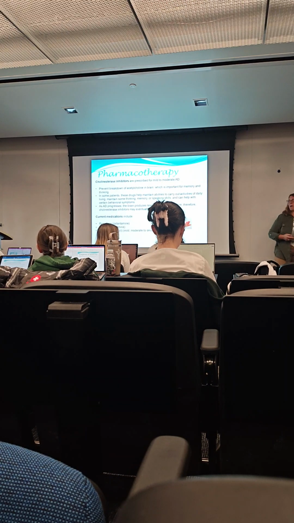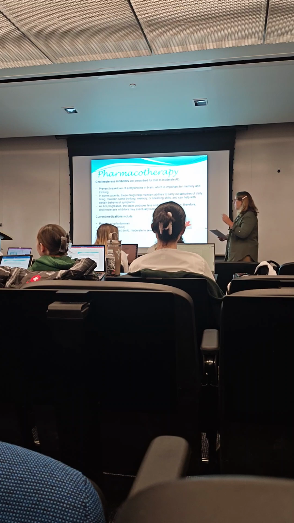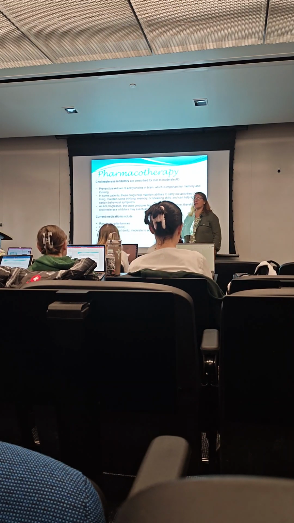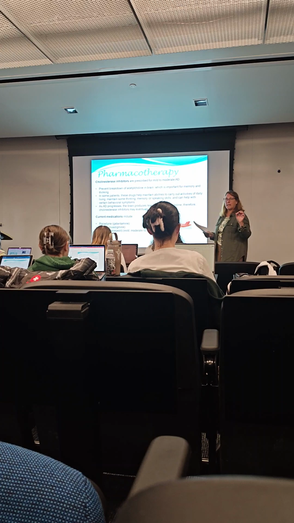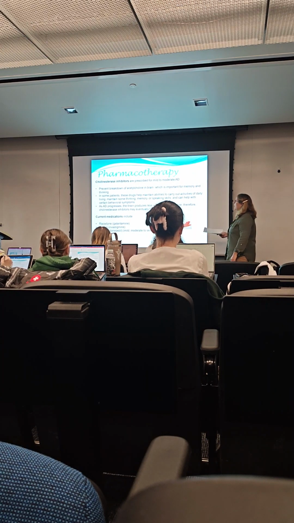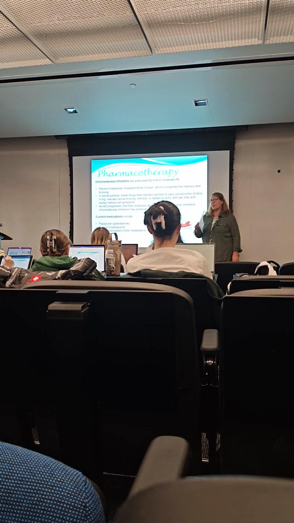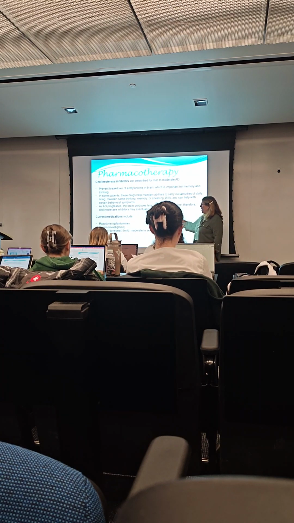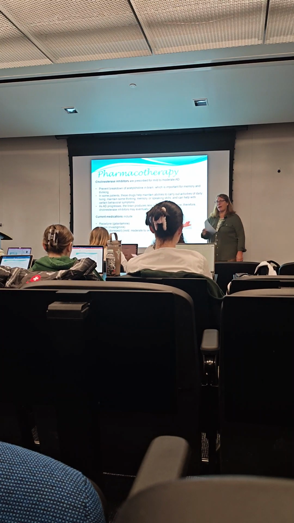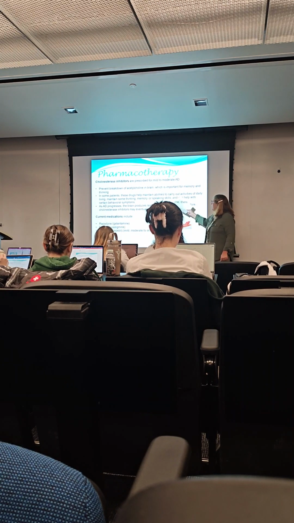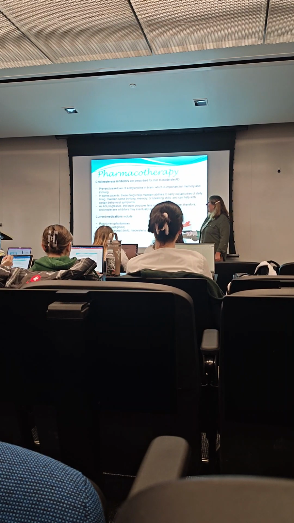All right, so let's talk a bit about some of the medications to treat dementia. The first set are what we call cholinesterase inhibitors. So we talked about that enzyme, and when you give a cholinesterase inhibitor, it's going to help prevent the breakdown of acetylcholine, which is important for memory.